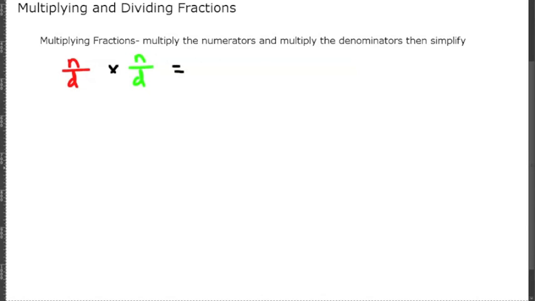Well, that's just going to be the one numerator times the other numerator all over the one denominator times the other denominator. So looking at that as a number, say I give you 2 over 3 times 1 over 2.